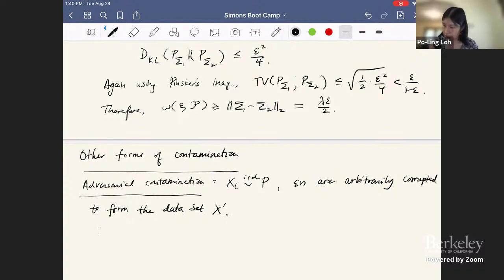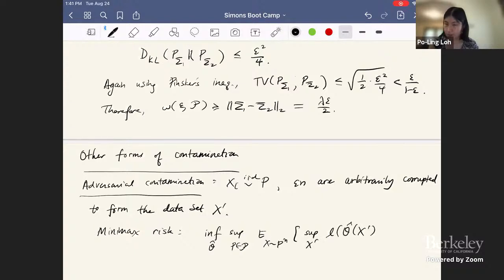So the minimax risk that you might be interested in here is the infimum over theta hat, supremum over P in the class, expectation with X distributed as P to the n, supremum over X prime of the loss function of theta hat applied to X prime, theta of P. Why does this make sense?